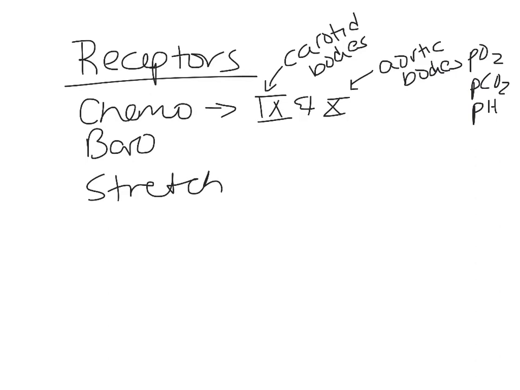Okay. So we'll talk about some specifics about that in just a second. Now we'll go over some of that right now, actually. So in order for those chemoreceptors to really make a difference, the PO2 has to drop quite a bit. The PO2 would have to drop to around 60 millimeters of mercury in order for those chemoreceptors to really be sensitive to that.